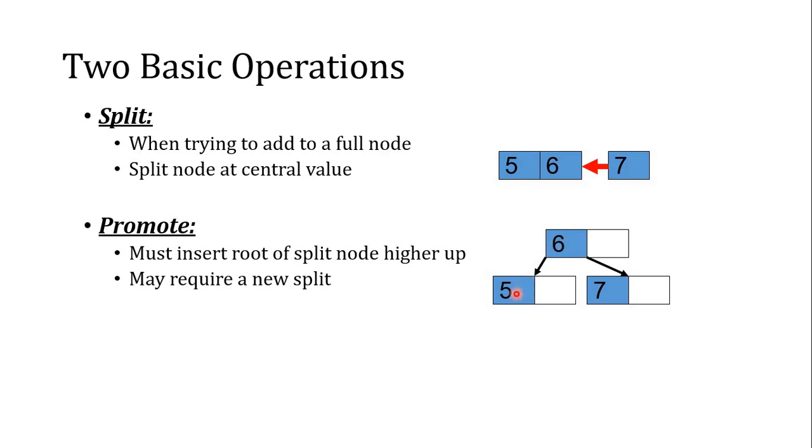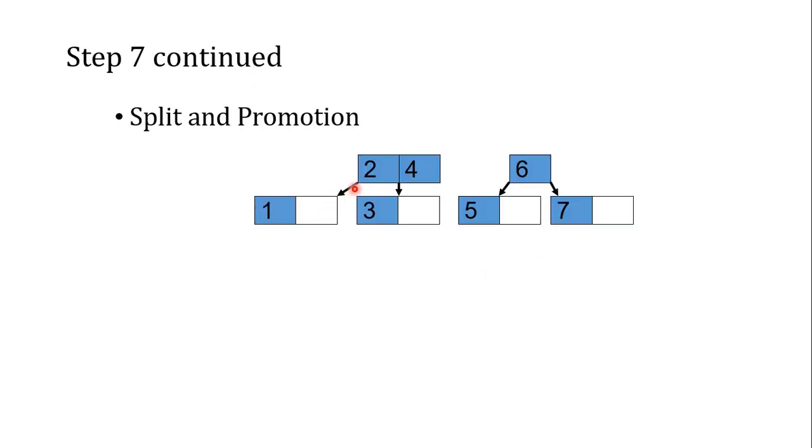So that is 6, with 5 and 7 on the left and right accordingly, and 2 and 4 is in one node.